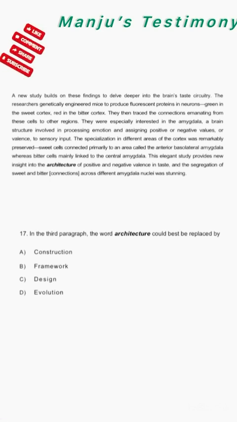Framework we are using in chemistry and other biology related areas. So next is design. Design is also not usually using to describe human body or human biology. The option D is evolution. Evolution is also obviously, as we all know, this is something used to describe evolvement. So the best matching word here is framework. So we can replace the word architecture with framework.